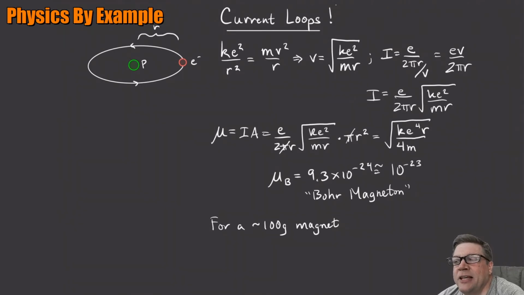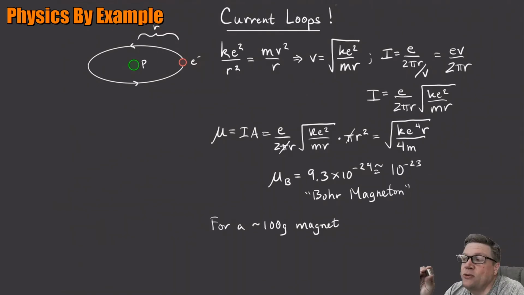So if I have something like 100 grams, that's about 2 moles of iron, right? Just happen to have something like that. So if I have a disk or a cylindrical magnet, this thing weighs a little bit over 100 grams. If this were iron, it's not. It's like neodymium or whatever. But anyway, just for the model, suppose this was an iron magnet. It would have something like 2 moles of iron in it.